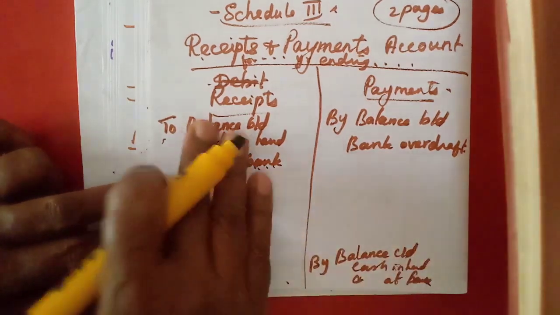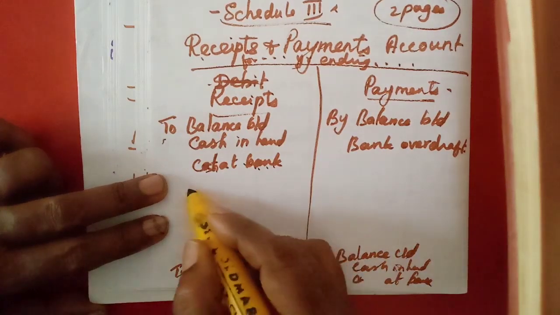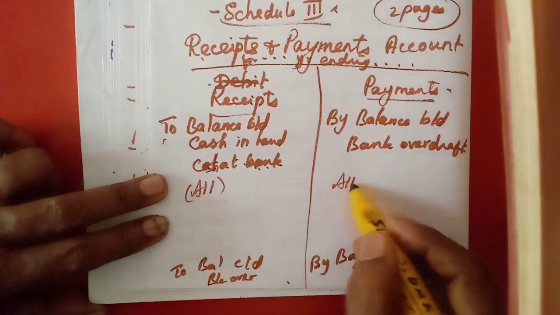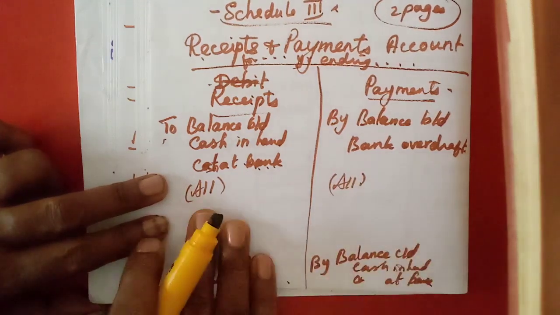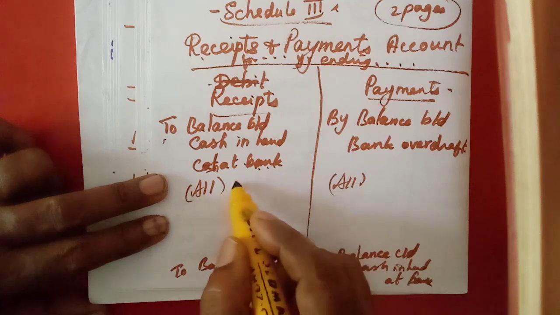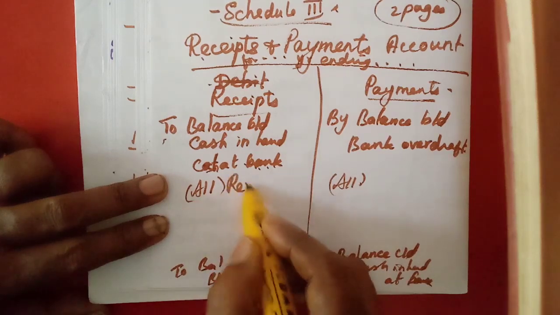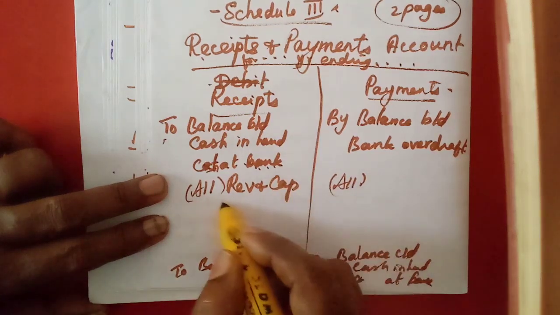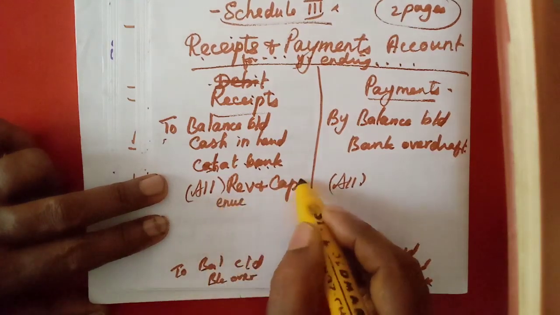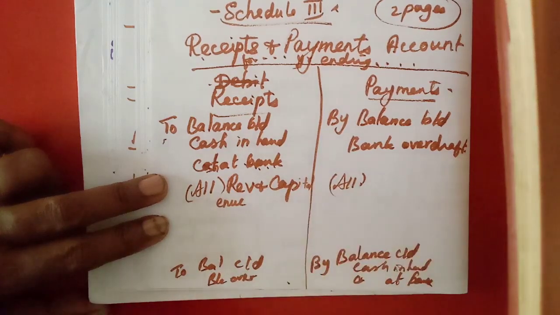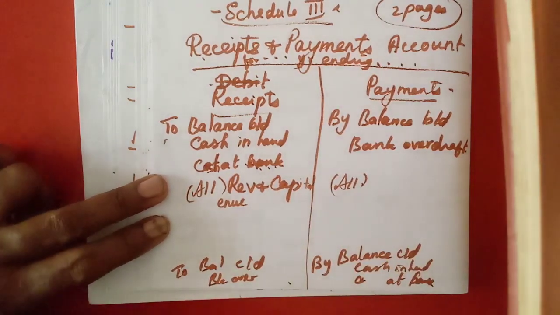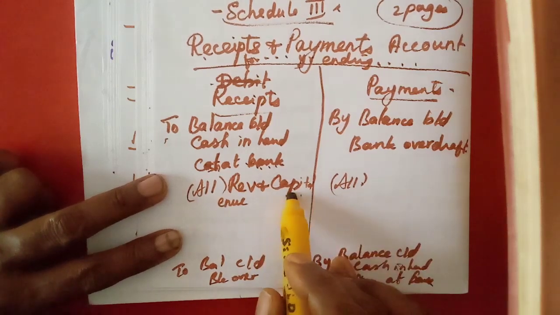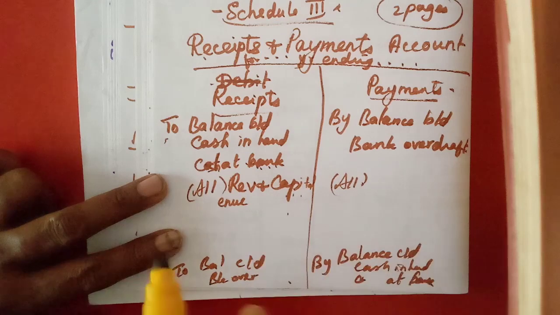Then what receipts do we have to write here? All receipts, all payments. What is the meaning of all? Whether it is a revenue receipt or capital receipt, we have to enter. Revenue items, capital items. For example, if we receive a loan, that is a capital receipt, that we can enter.